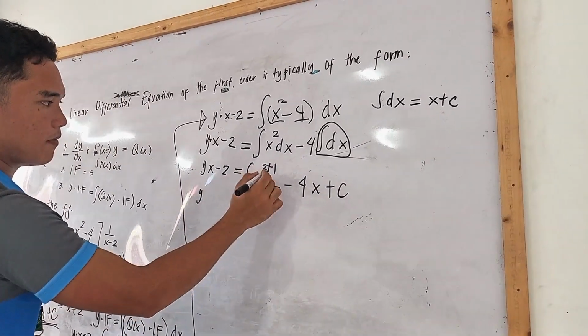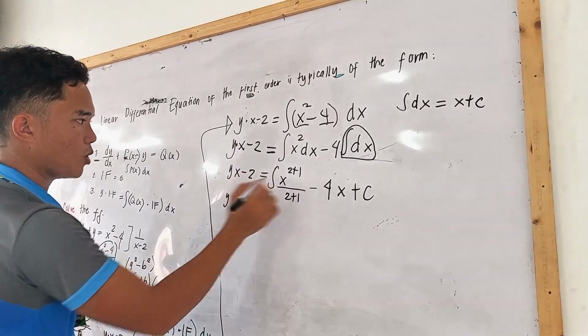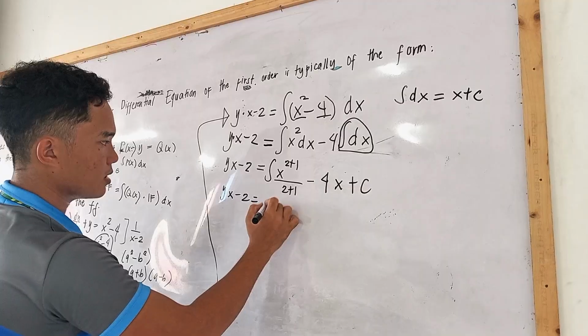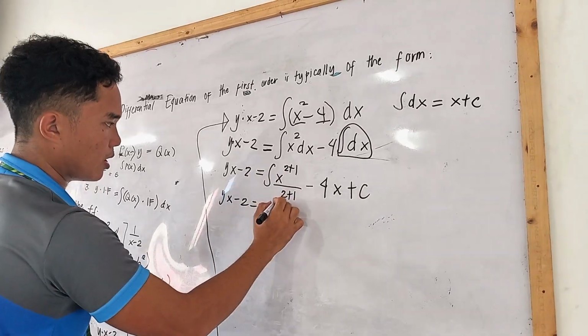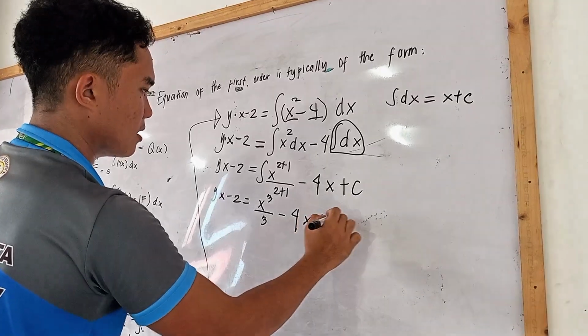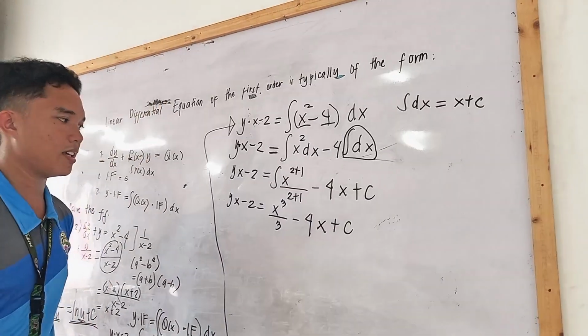Now simplify the exponent of 2 plus 1, which will become x cubed over 3 minus 4x plus c.